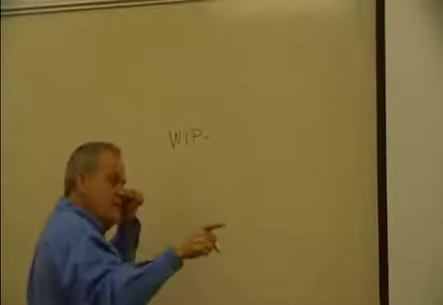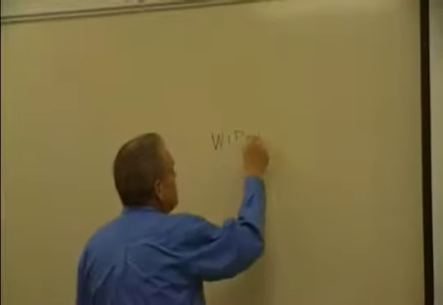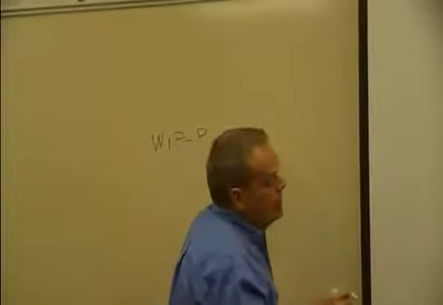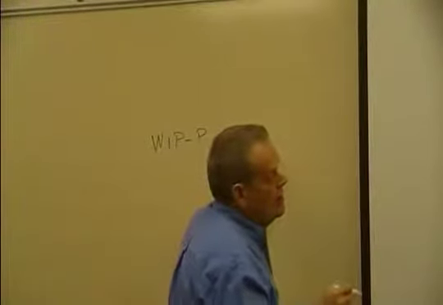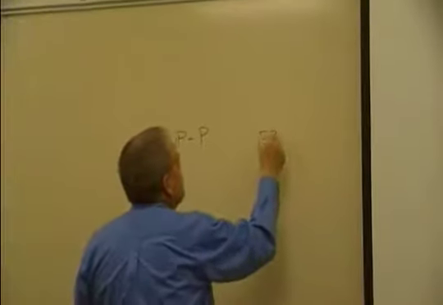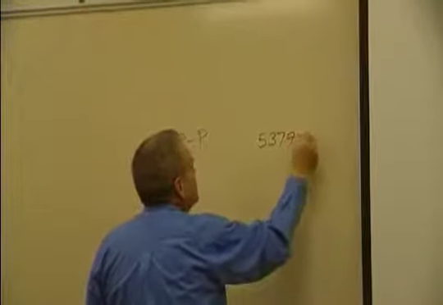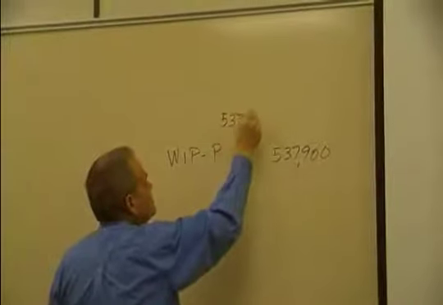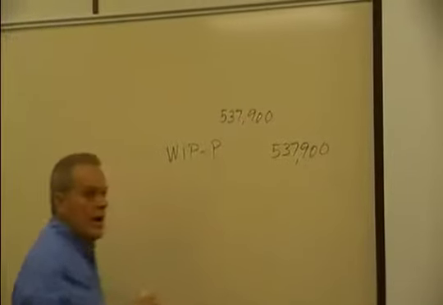Read the first paragraph. Does it say polishing? Yes. Credit work in process polishing for the amount finished, which is 537,900. And debit? The same amount to where it's going.